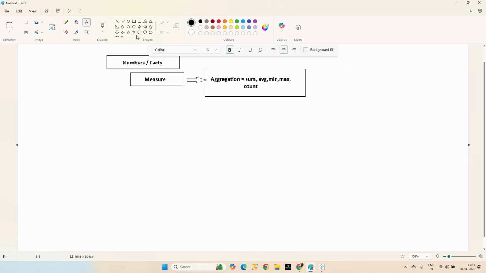Now, our main topic right now is types of measures, right? We have three types of measures.